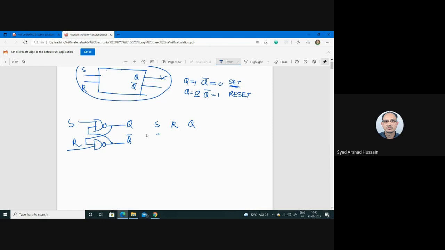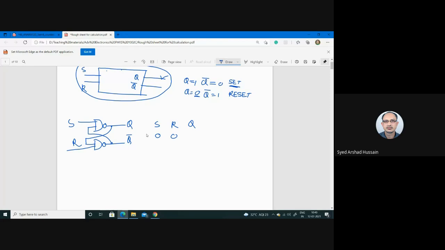If we give 0, 0, then for a NAND gate, if you give 0 to any input, irrespective of the other input, the output will try to be high, that is 1. So if S and R both are 0, then both Q and Q bar will try to be 1. But according to our design of the circuit, this is unexpected.